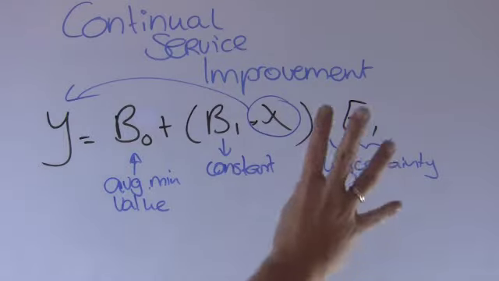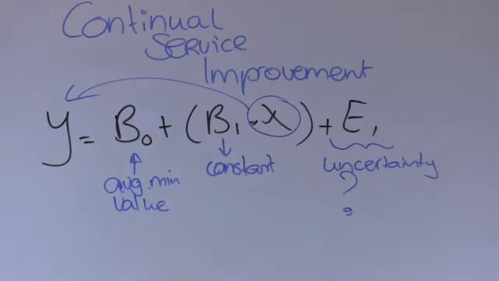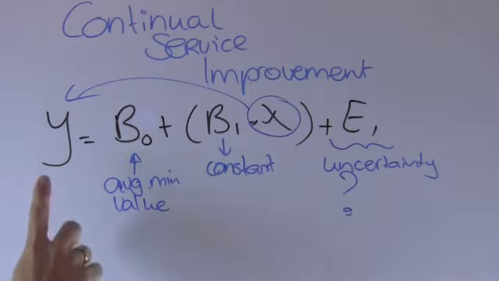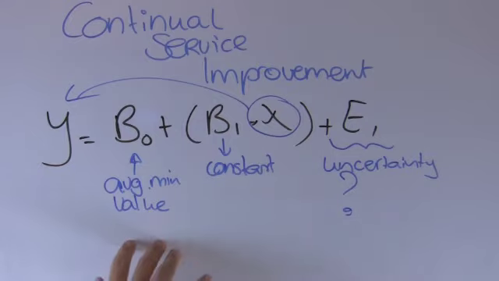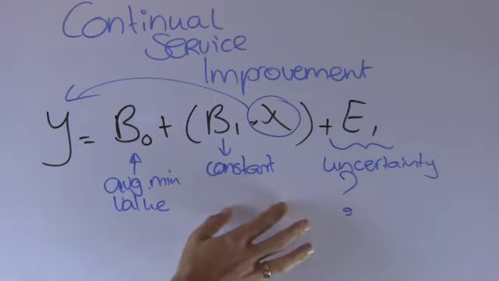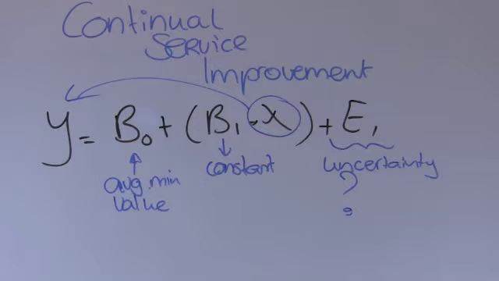So that's the amount of noise that you take into account in your equation. So the output is your average minimum value times your constant plus any number of uncertainty that you want to take into effect. So that's your linear equation of regression.